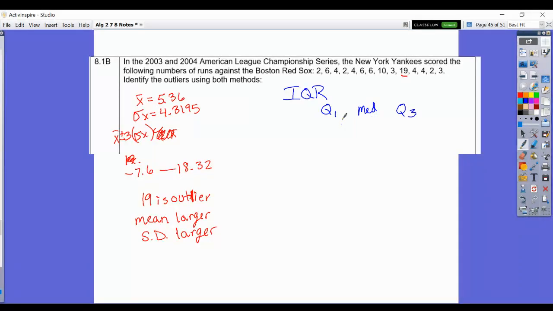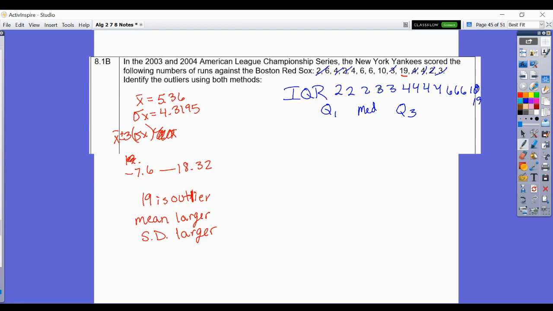So quartile 1 is, let's put them in order. 2, 2, 2, 3, 3, 1, 2, 3, 4 fours, 1, 2, 3, 4, 3 sixes, 1, 2, 3, a 10, 10, and then 19.